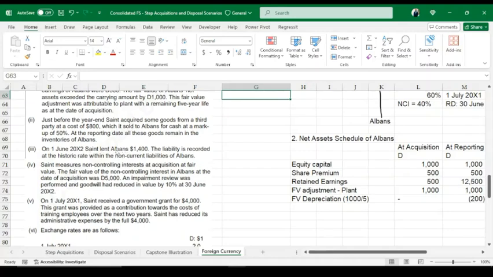The liability is recorded at the historic rate within the non-current liabilities of Albans. So since Albans has received a loan, this loan will need to be translated. So how do we deal with that?